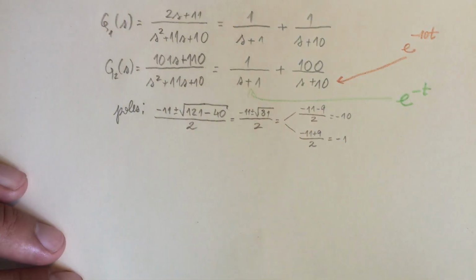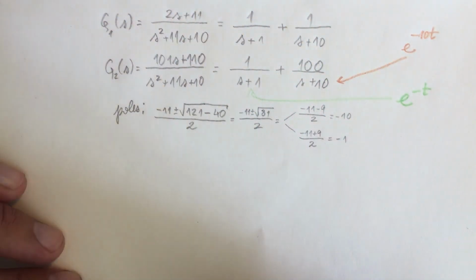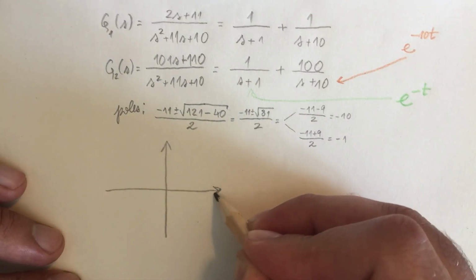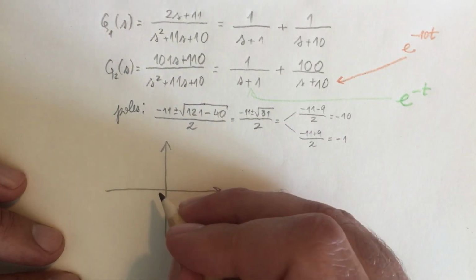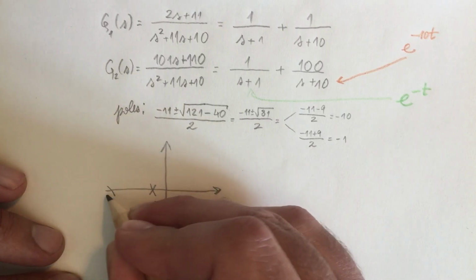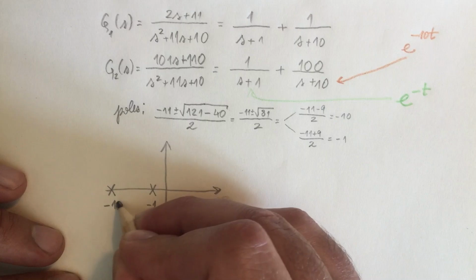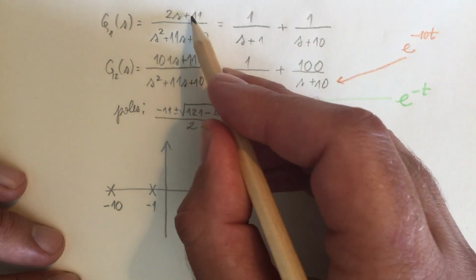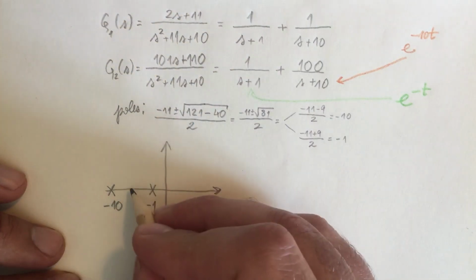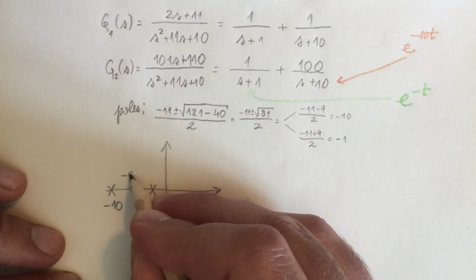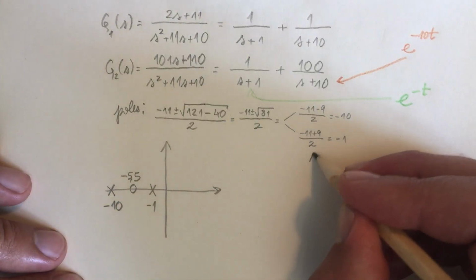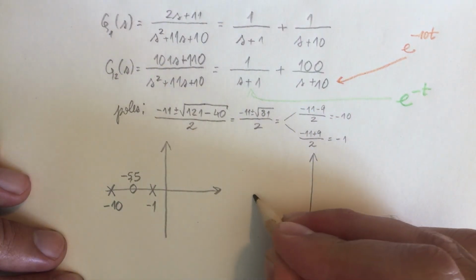We can see that by plotting on the complex plane the position of poles and zeros, not to the scale, but this will suffice to show that while in this case the 0 is at minus 5.5, so does not really cancel the effect of any pole.